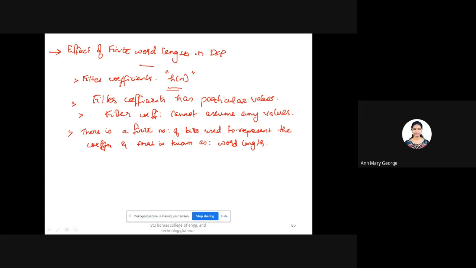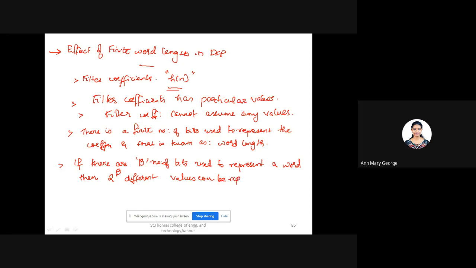Okay, assume, if there are b number of bits used to represent a word, then 2 raised to b different values can be represented.